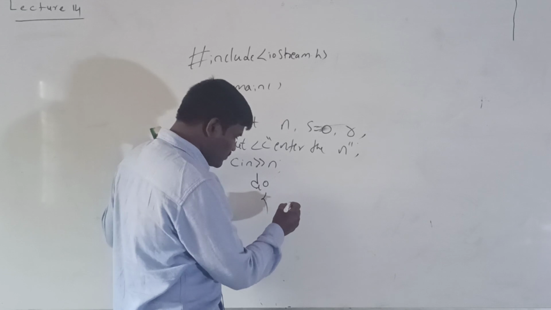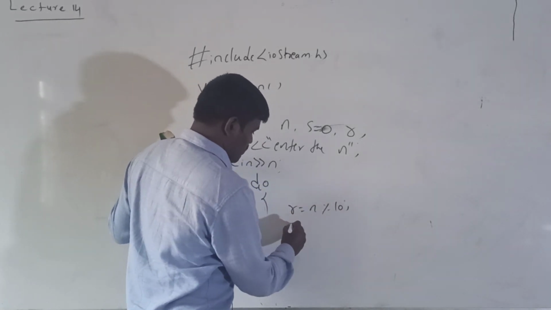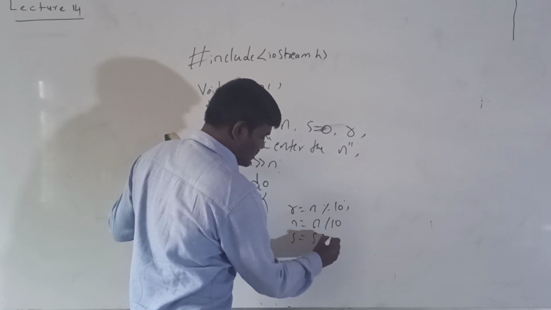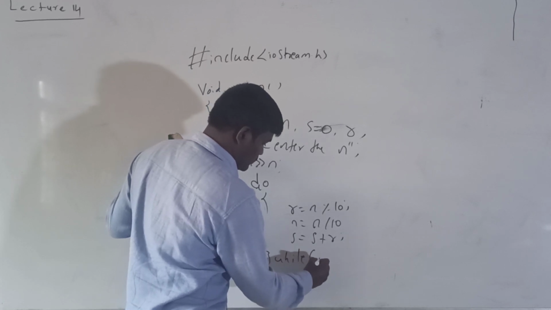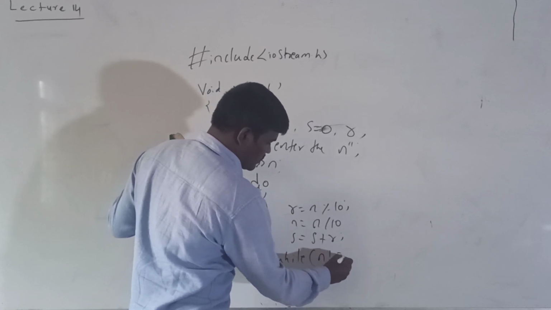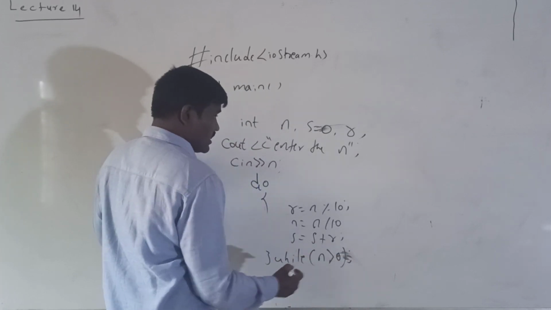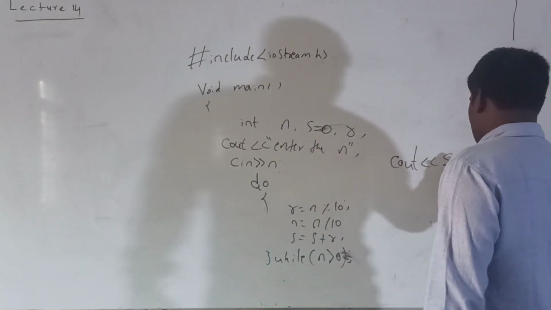So within this you can write r is equal to n mod 10, n is equal to n divided by 10, sum is equal to sum plus r. So after that, while n is greater than 0, and finally you have to print cout yes.